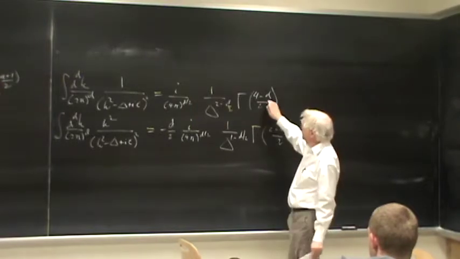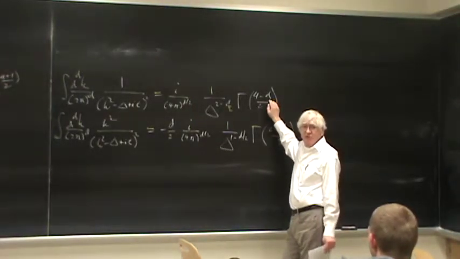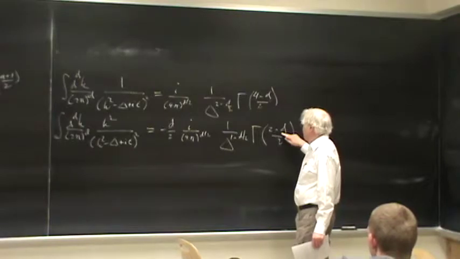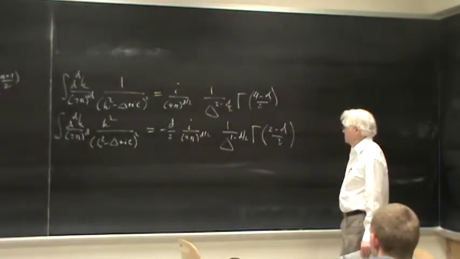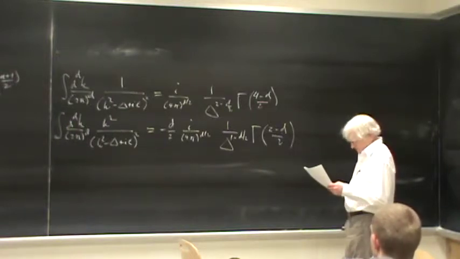Now you can see that this thing diverges if you let d go to 4, because you have gamma of 0, which is 1 over 0. This one, in fact, diverges at other places. Let's see, gamma of minus a half actually is finite, isn't it? I'm a little puzzled then.